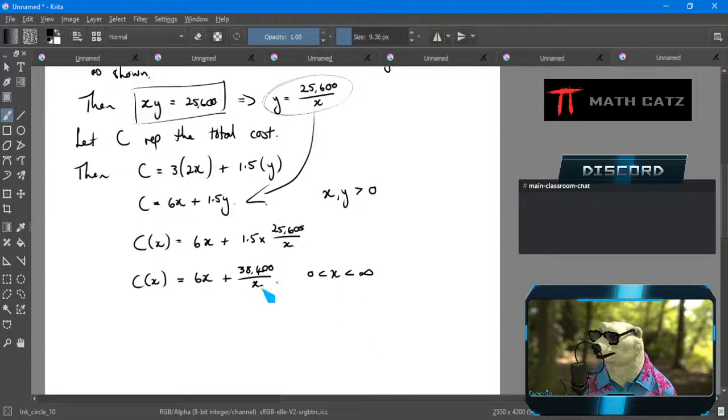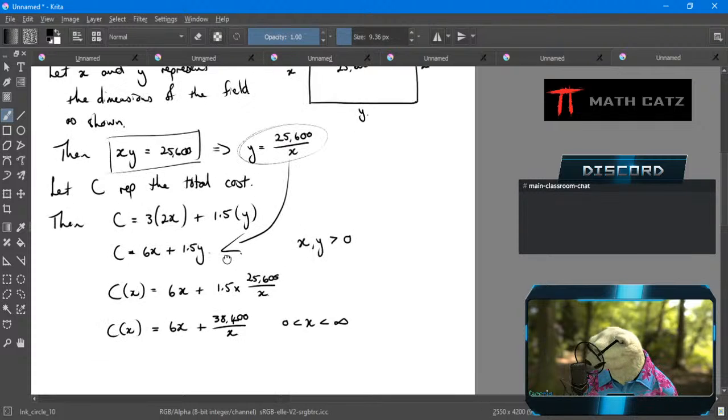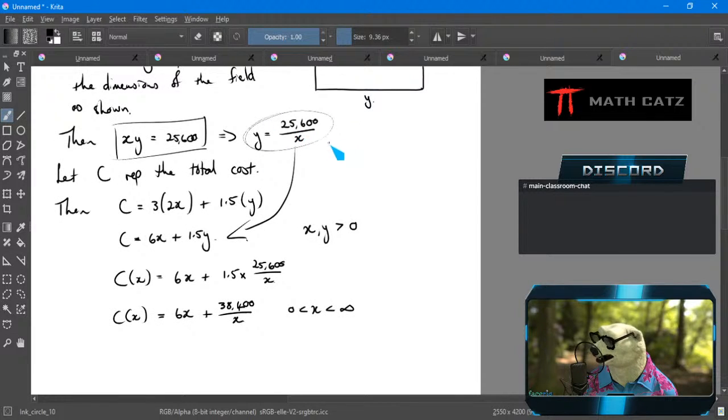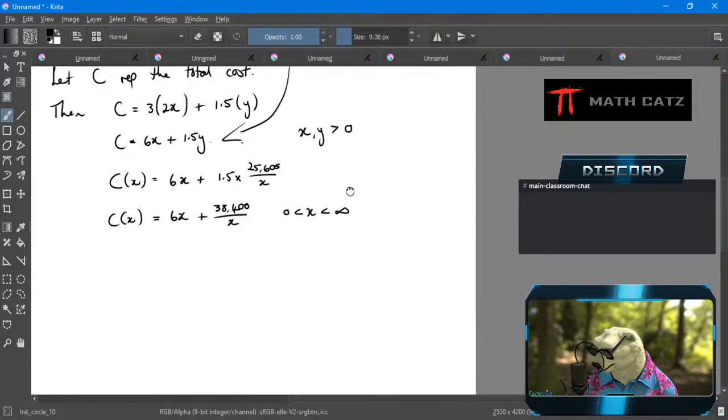And remember, we're trying to minimize the cost. So those extreme ends, as I approach them, I'm not going to be very cost effective, because I have a fixed area. So if I want to make a very, very flat and thin rectangular field by letting x get super small, in order to meet that area, it's going to have to be super wide, and the cost is not ideal.